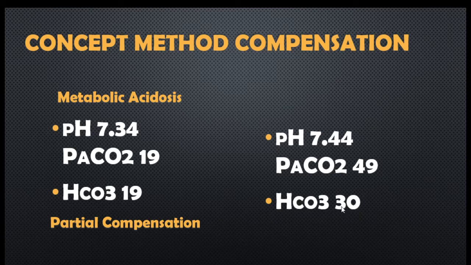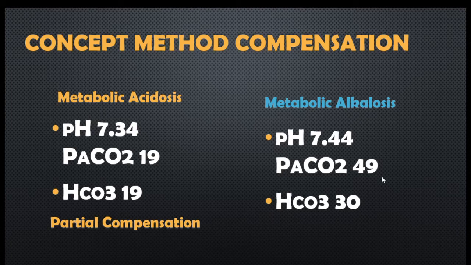So the right interpretation of this one is metabolic alkalosis, because the pH is within the alkalotic side, and the reason why the pH is on the alkalotic side is because of the bicarbonate. Now, the bicarbonate level is increasing.